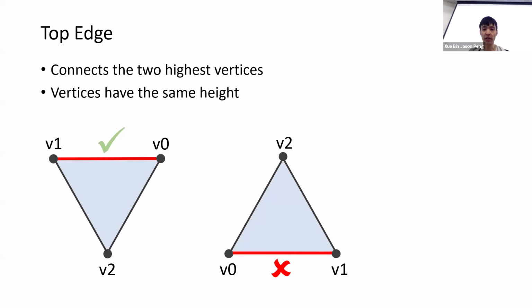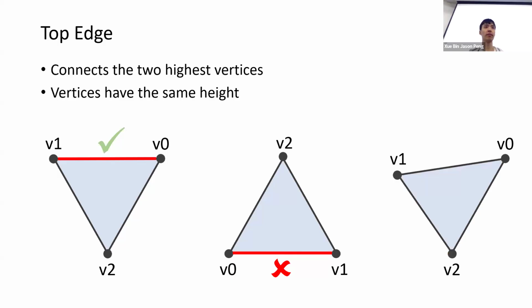Okay, but now let's take a look at a slightly trickier case. Let's say we take our first triangle and we rotate it a little bit. The edge connecting vertex 0 to vertex 1 is still connecting the two highest vertices of the triangle. So this edge is still higher than any other edge in our triangle, and this satisfies the first condition. But now when we look at the second condition, it doesn't quite work out.